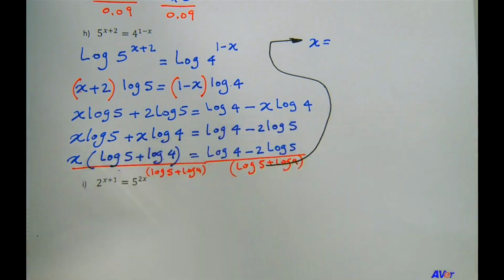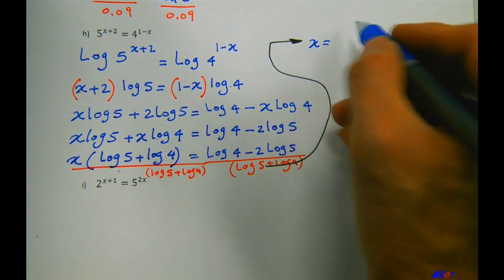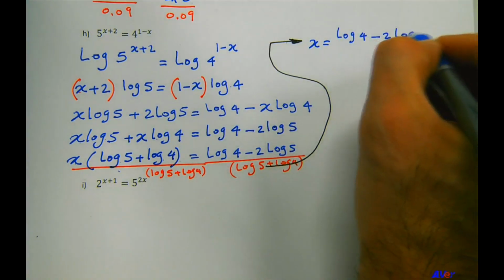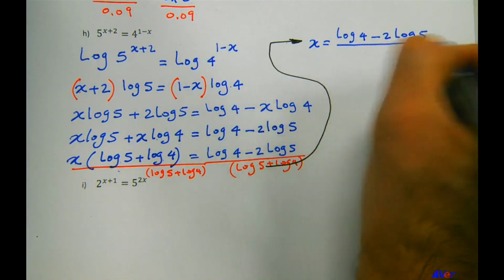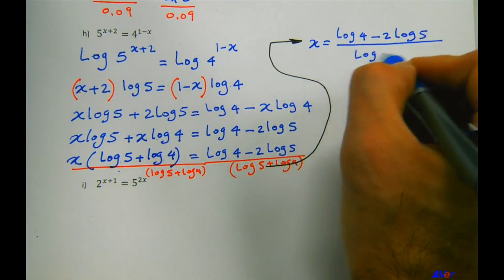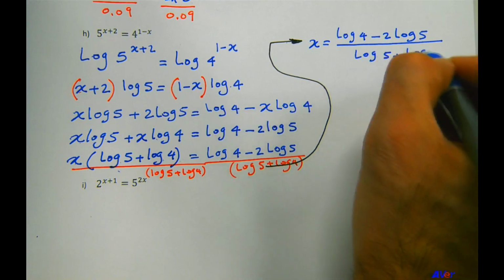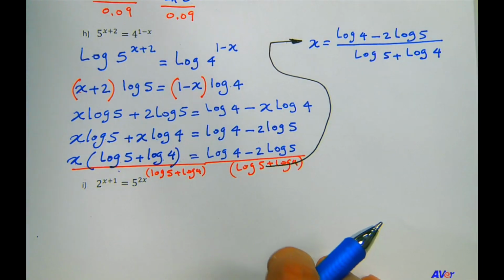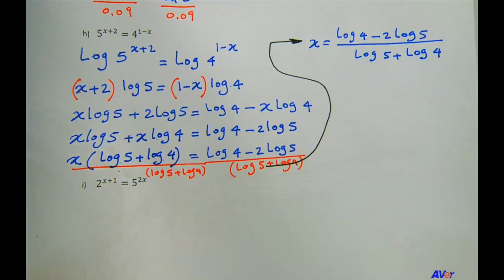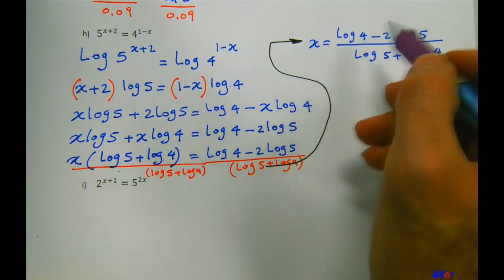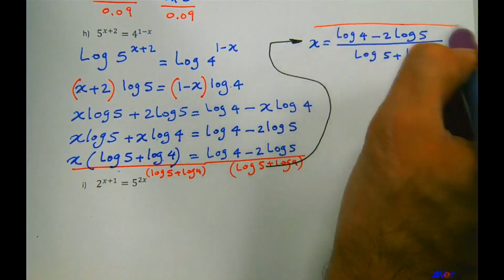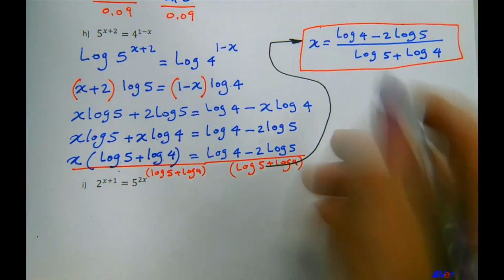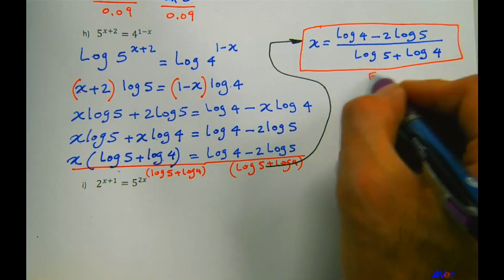And on the left, we end up with just x. On the right, we end up with log of 4 minus 2 log of 5 divided by log of 5 plus log of 4. Okay? So that's one way of leaving the answer, like that. Okay? Another way is, so this is an exact form.